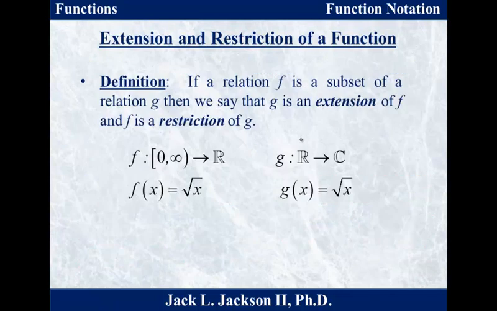We say that if a relation f is a subset of a relation g, we say that g is an extension of f, and f is a restriction of g. So if we think of starting with the function f, which is the square root function in the real numbers, basically, we can extend it so that the domain is not just the positives and 0, but actually all real numbers, as long as we extend the codomain to include all the complex numbers.